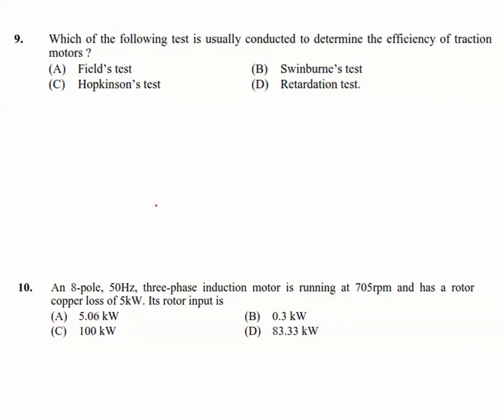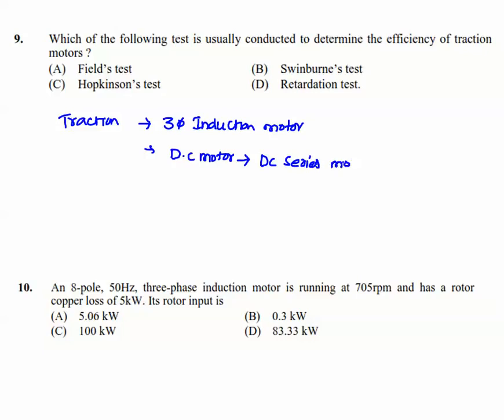And the next question here is, which of the following tests is usually conducted to determine the efficiency of traction motors? In traction, generally we use two types of motors. First we use three-phase induction motors, and second we use DC motors, in that also DC series motors.